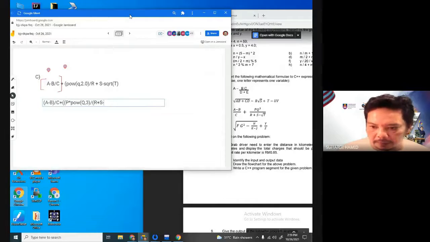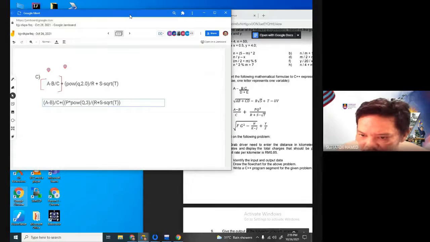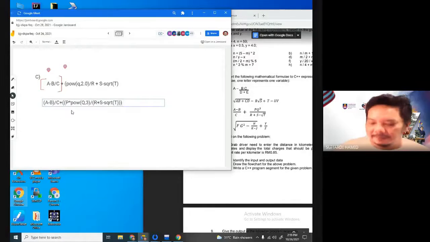S minus square root of P. That closes for that, that closes for that R, that closes for that sign. Now this is C.